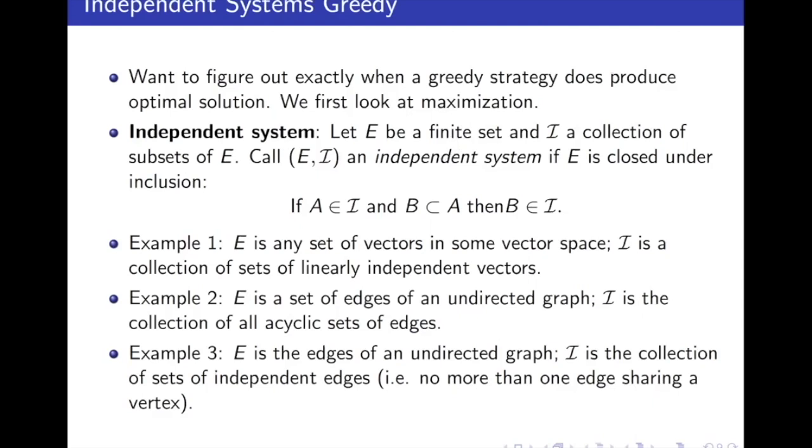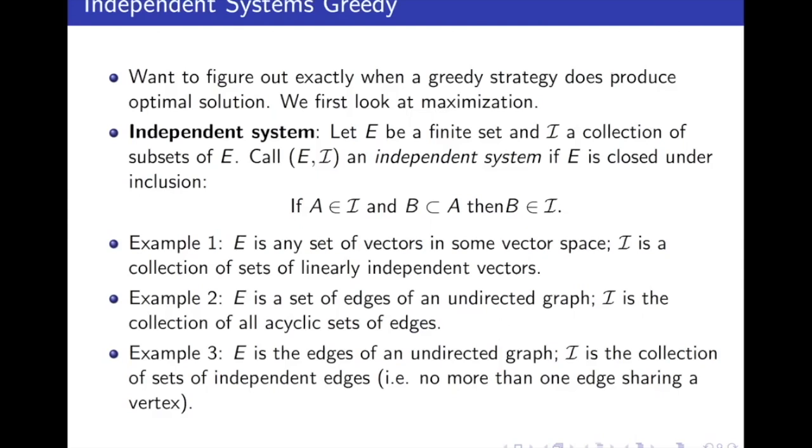We define an object called an independent system. Suppose we are given a finite set of elements, which we call E, and a collection of subsets of E, which we call curly I, standing for independent system. First, let's look at what we are given.